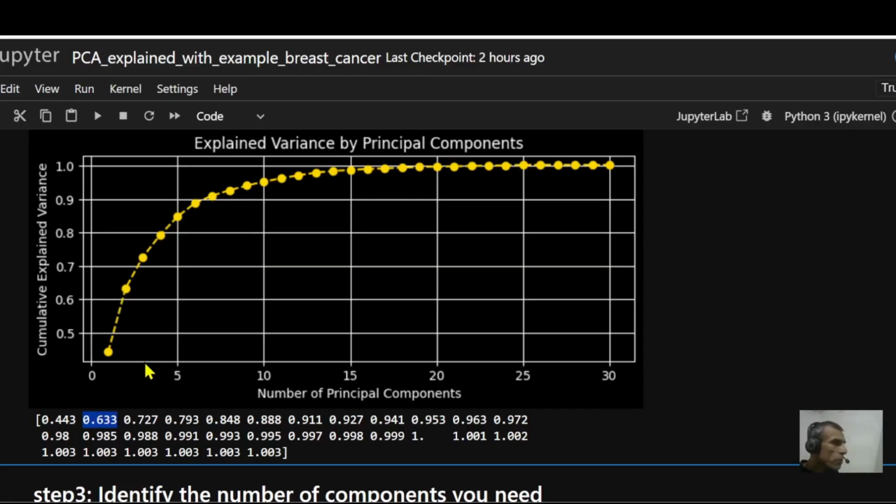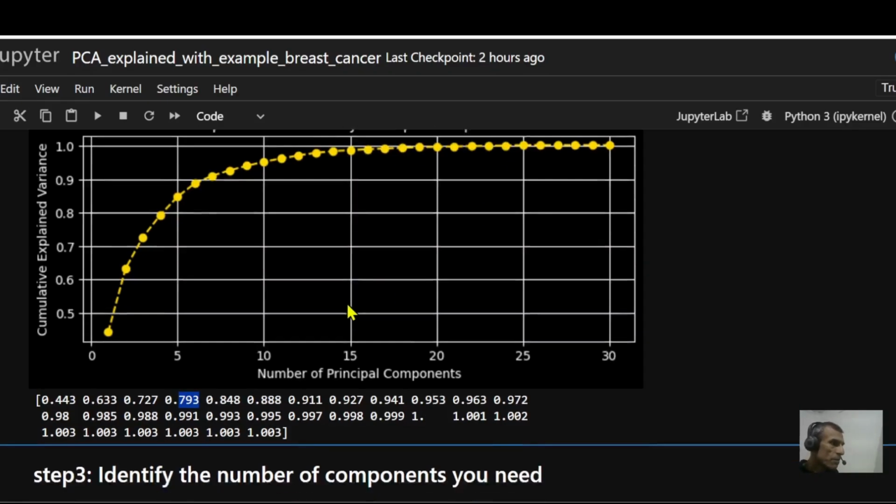Principal component up to 3, meaning 1, 2, and 3, captures 72.7%, which is this right here. Principal component up to 4 captures 79.3% of your variance. That would be this right here. And you can keep going like this. So as your principal components increase, the cumulative variance captured is increasing.